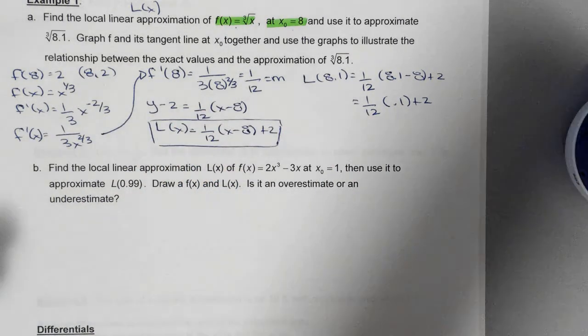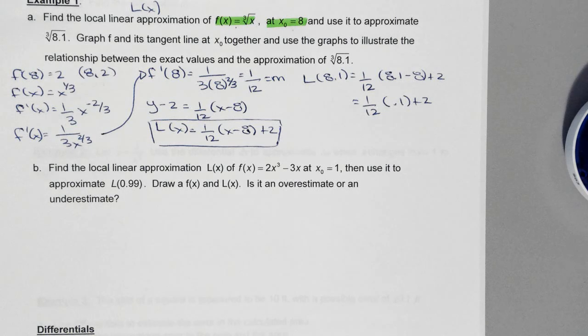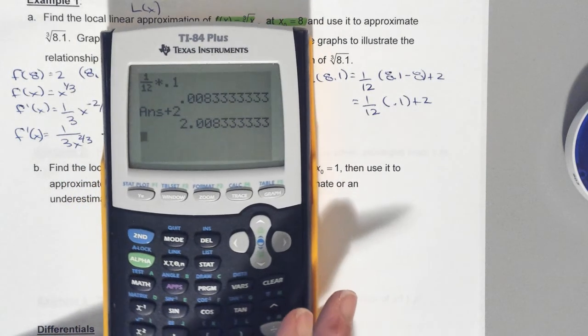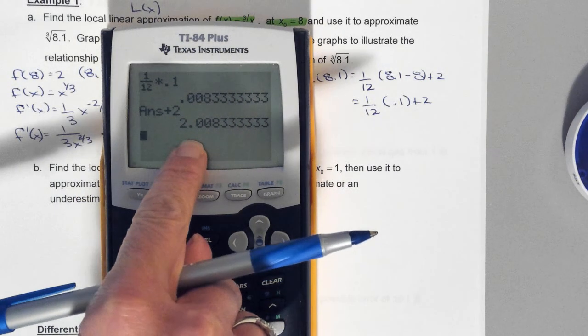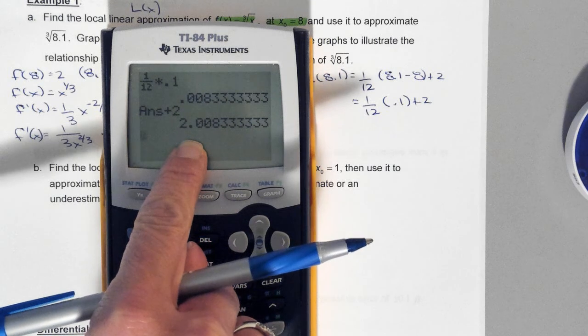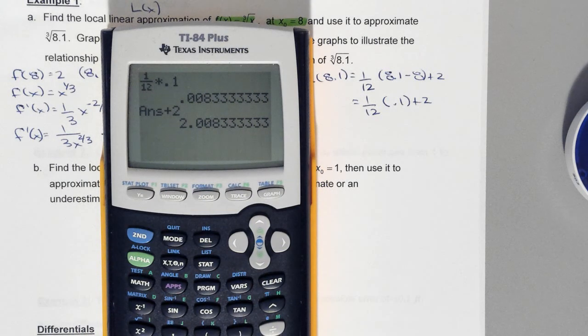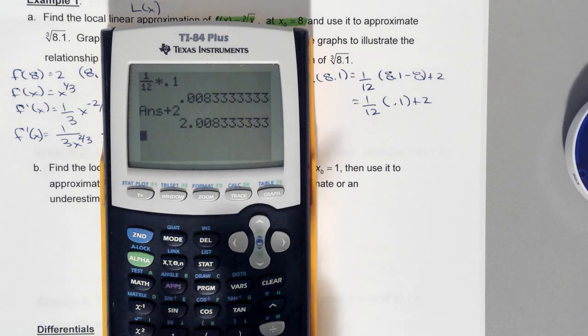So we're going to use a calculator, and I'm going to calculate this value. Okay, this is what I got. So this is the approximate value of the cube root of 8.1. Now, typically in this class, you guys take the decimal out to 4, but in order for us to identify if this value is an over or under approximation, we need to go out a little bit further, and I'll show you why in just a minute.